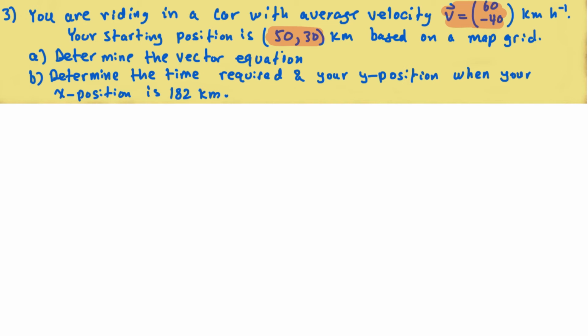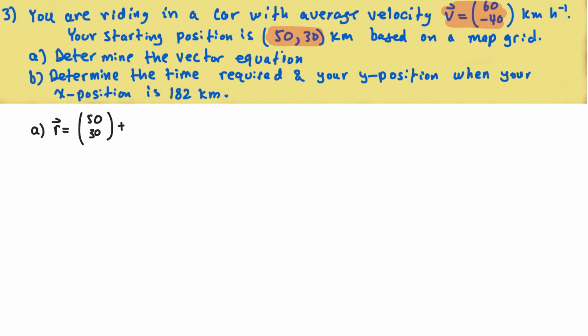For a vector equation, we will need a starting point. Our starting point is (50, 30). So the position vector to our starting point will have an x value of 50 and a y value of 30. And our velocity vector is (60, -40).